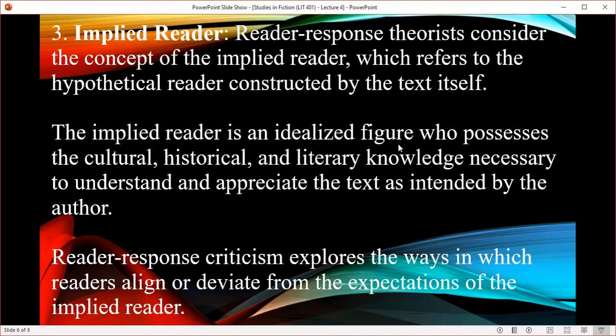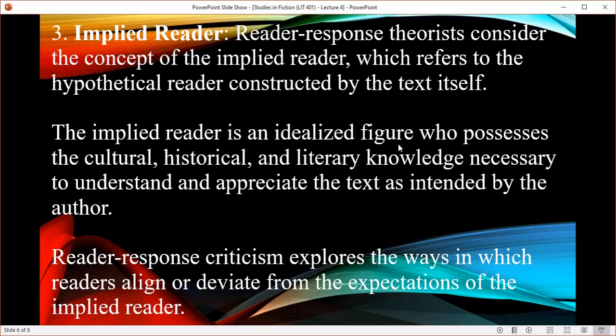So the intention of the author is controlled by the cultural, historical, literary, and whatsoever knowledge of the reader. So it is the way the reader aligns with what is read that will determine the meaning the reader is going to have. So the position of the author is not what determines the meaning.